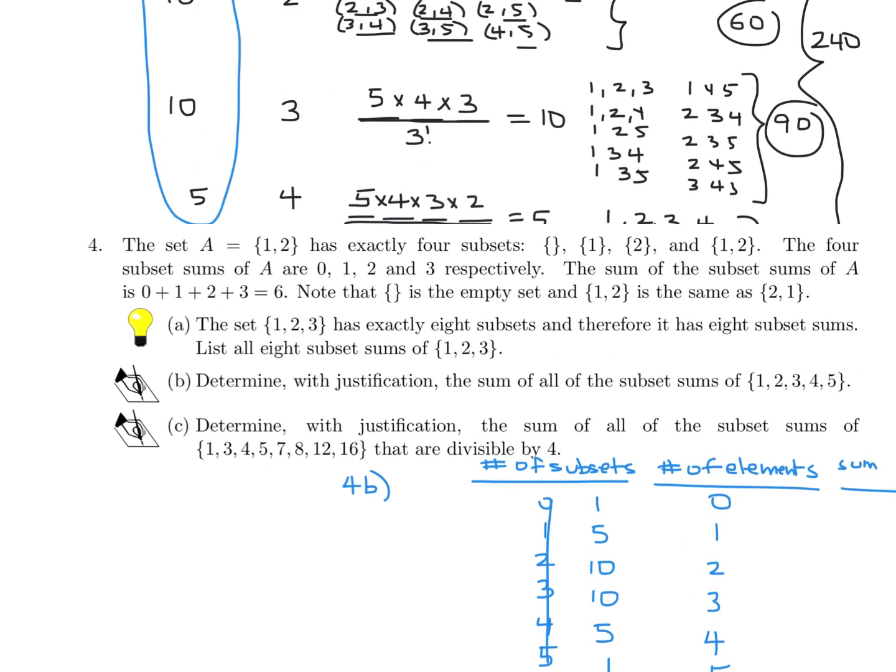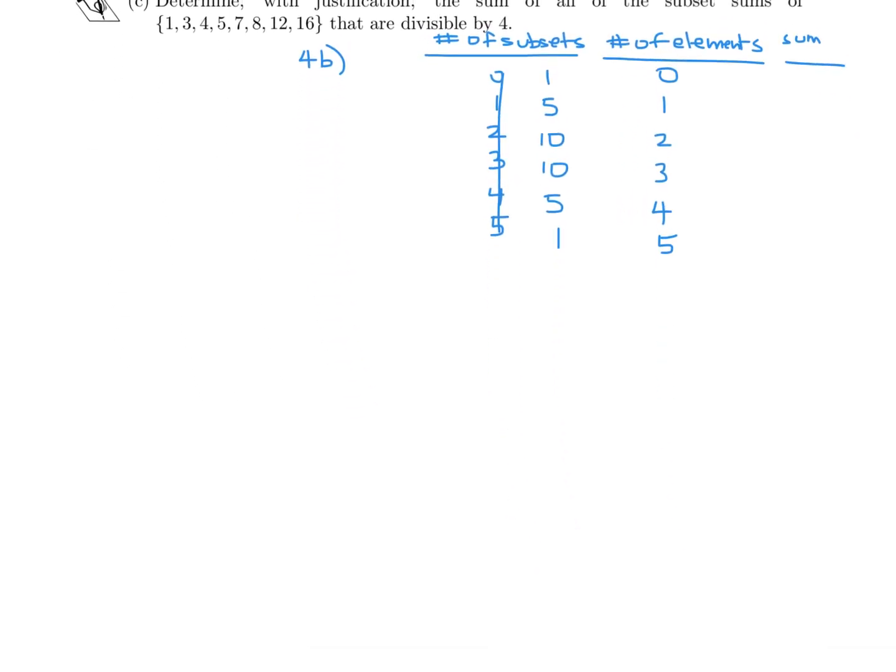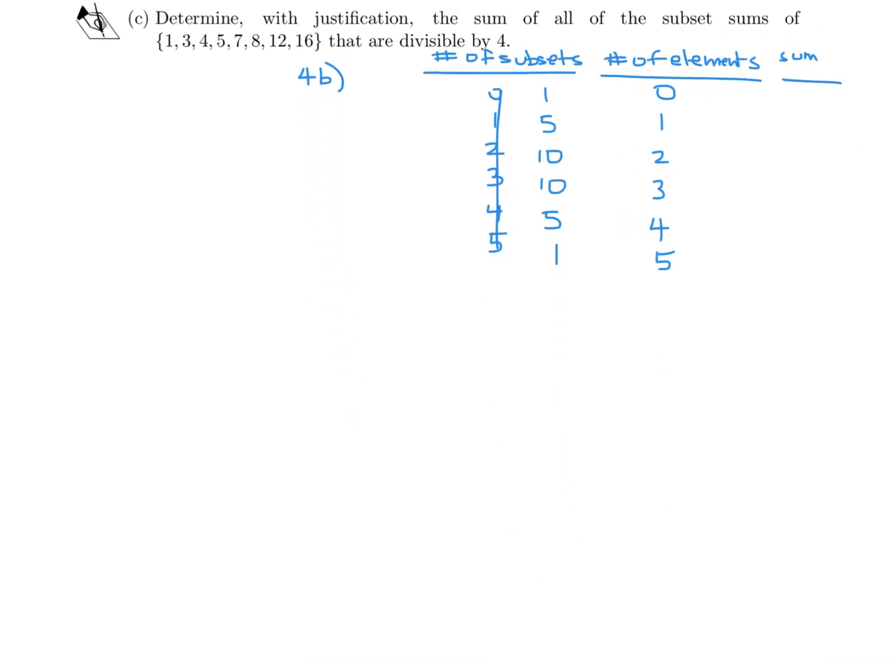There was a 1 in there somewhere. I think I might have erased it, but whatever. And then the sums here was 0, because that was just the empty set, but then the sum here was 15, 60, 90, 60, and 15, and the total, this was 240.